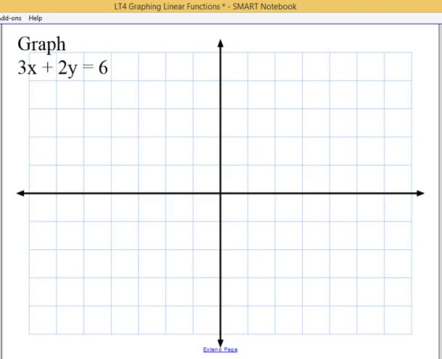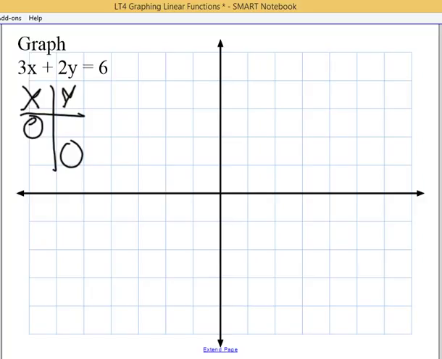Another option is to use the idea of intercepts. Remember, when we're doing intercepts, we're always plugging in a 0 for the one that we don't want to find. Think of this like a table. One where we want to plug in a 0 for x, but we also want to plug in a 0 for y.